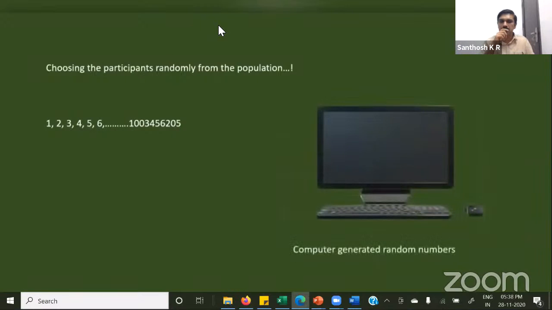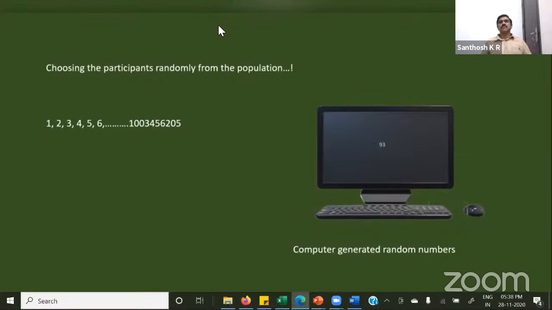After the arrival of computers, we can have computer-generated random numbers. This is done using random number generating software. We have to enter the range of the numbers in this software first. Then in each click, the numbers appear randomly.